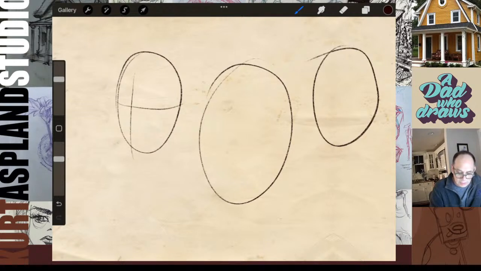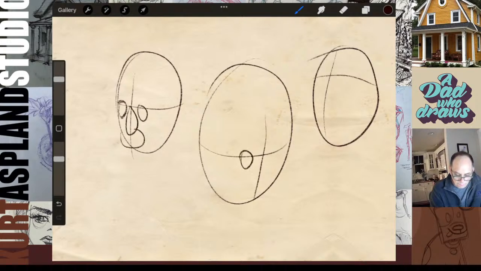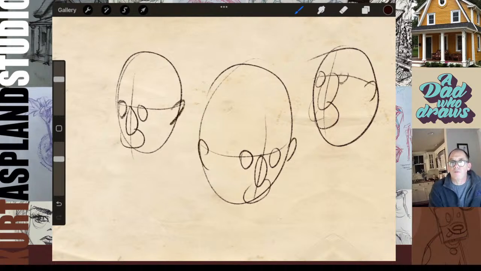Look for that T and just draw these pieces until you get really comfortable where things go. Get that basic form down, and then you can start getting more and more complicated as you go along.